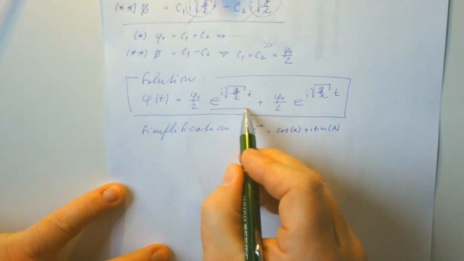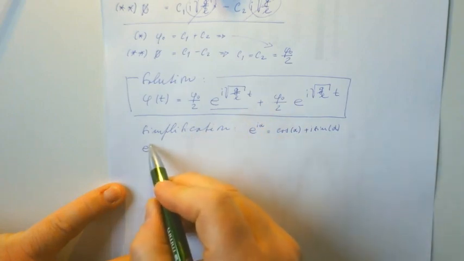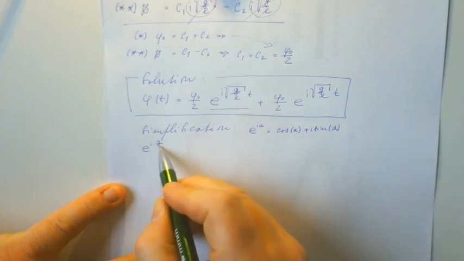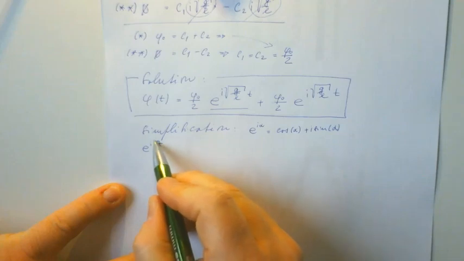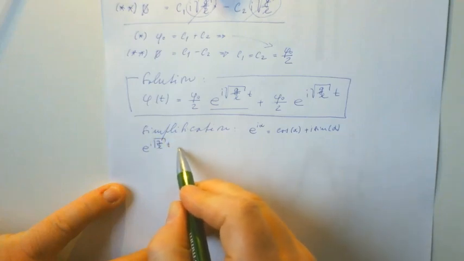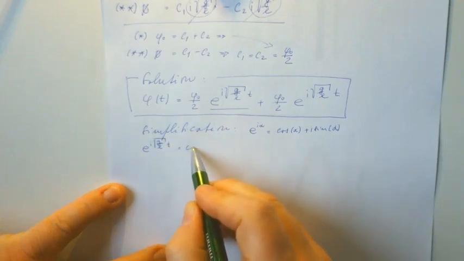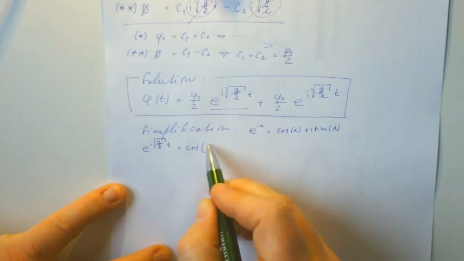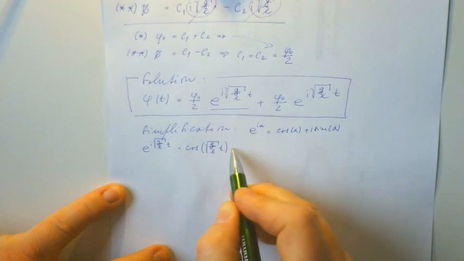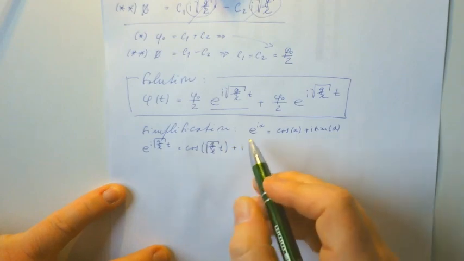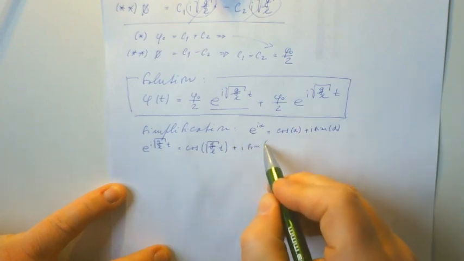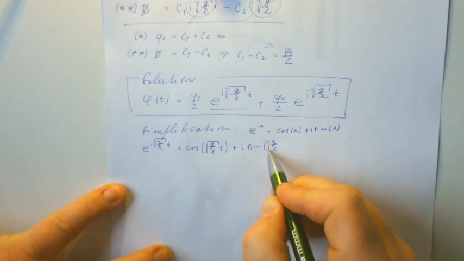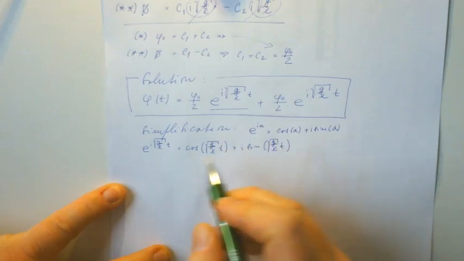We have this term, so let's rewrite it in accordance with this rule. It is cosine of square root of g over L times t plus i sine of square root of g over L times t.